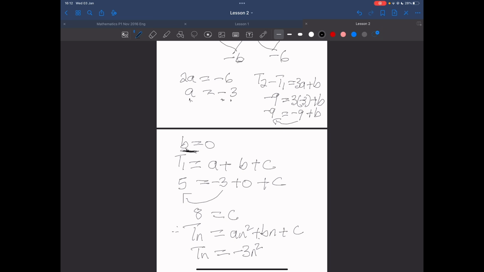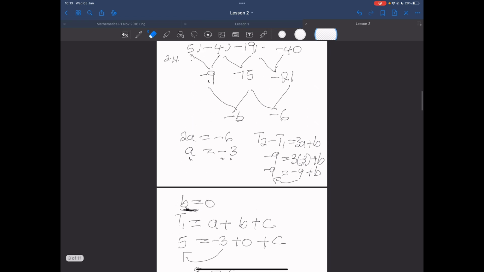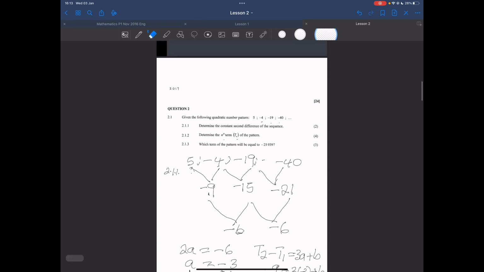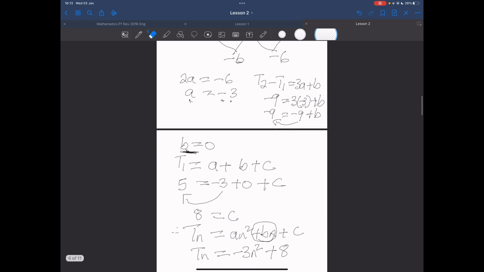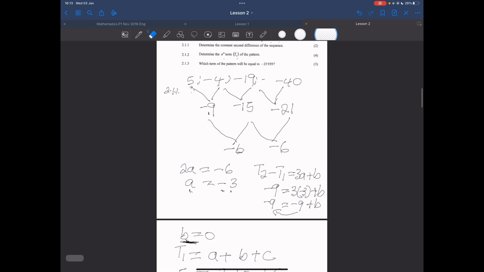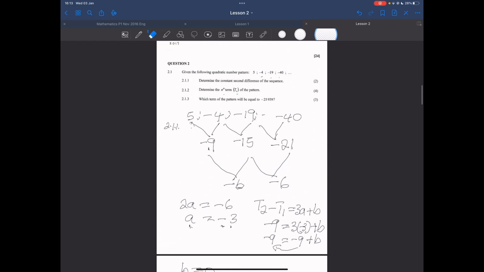It gets rid of everything. And then plus C, C is 8, so it will be plus 8. So that is our general term. So that was 2.1.2. So we go to 2.1.3.